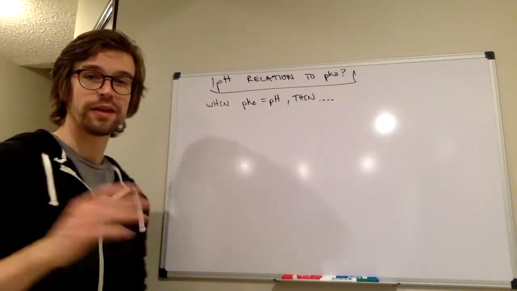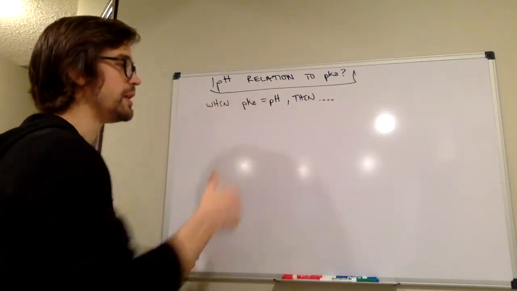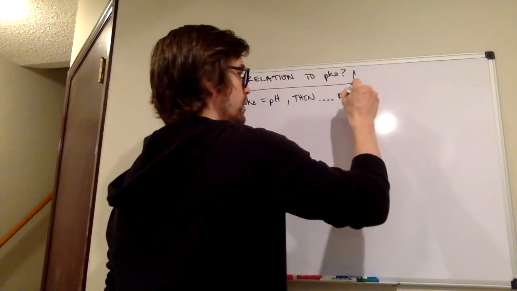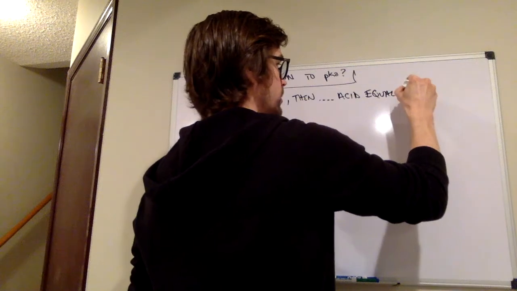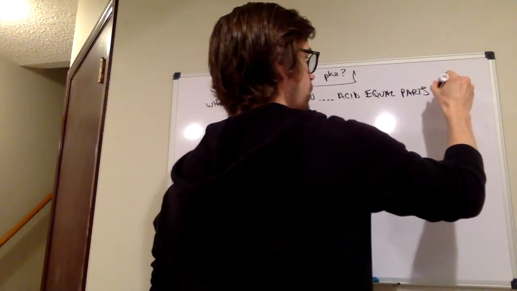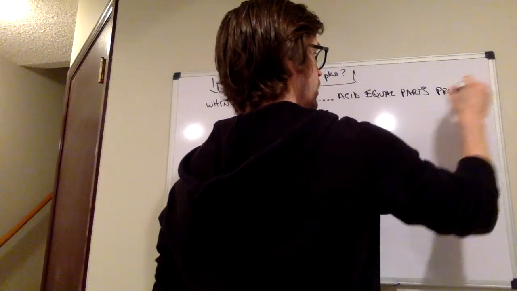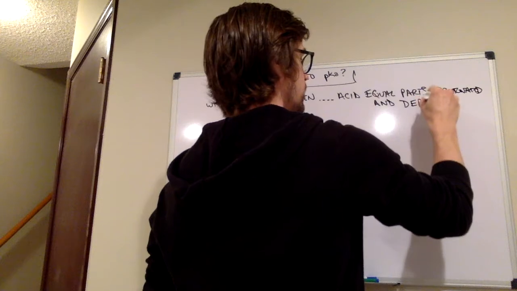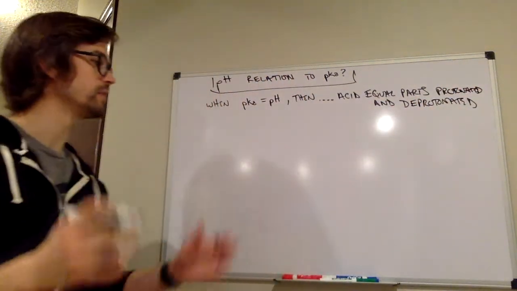But essentially, with that equation, what you learned was that when pKa equals pH, then the acid is equal parts protonated and deprotonated. This is according to the Henderson-Hasselbalch equation.